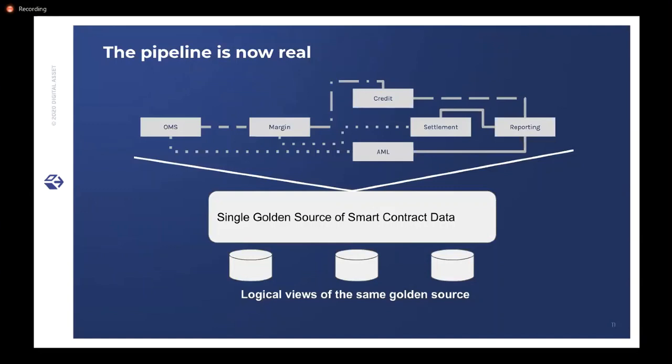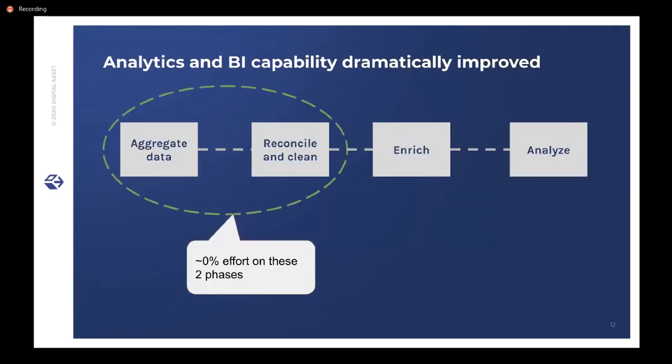Each of these applications may still have their own databases for various operational reporting, analysis, Chinese wall purposes. But now you also have a golden source of smart contract data, which has been enabled by Daml. And this smart contract data is what is then used to drive your enterprise reporting, enterprise analytics, and all of those initiatives which affect business performance.